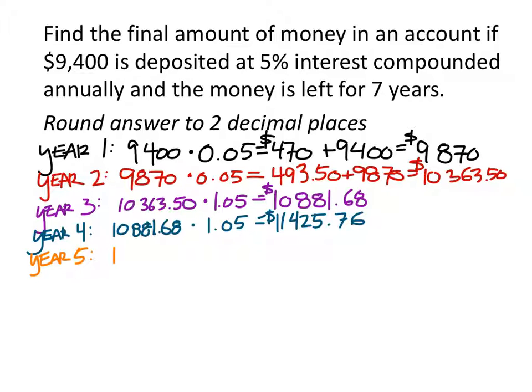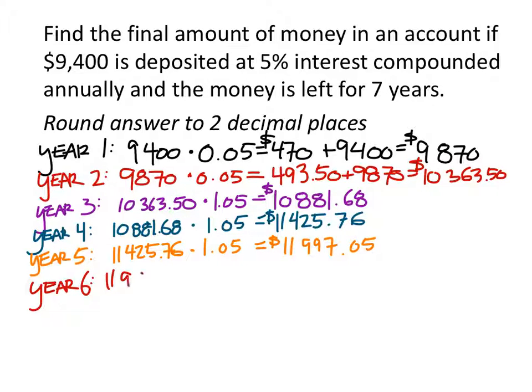And we are going to start with that $11,425.76 multiplied by 105%. And that equals, well, that's year 5. Let's look at year 6 then. Starting in year 6 with $11,997.05 multiplied by 105%.